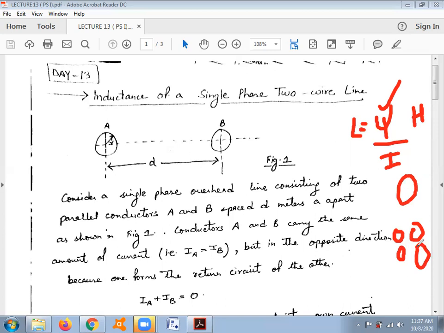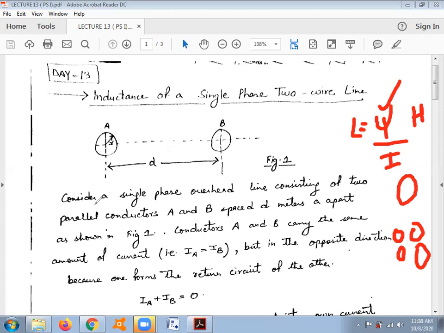The conclusions drawn during those derivations have to be used in this particular derivation, the inductance of a single phase two wire line, because we have not calculated the inductance yet. The formula for calculating the inductance is the rate of change of flux linkage with respect to current.